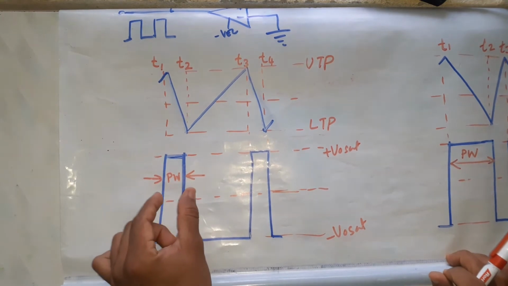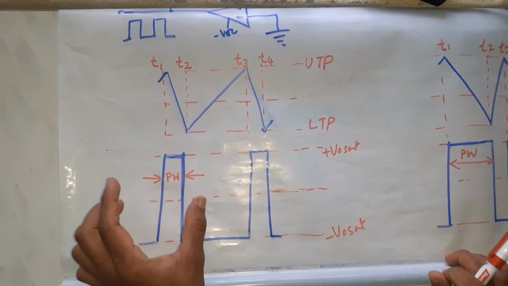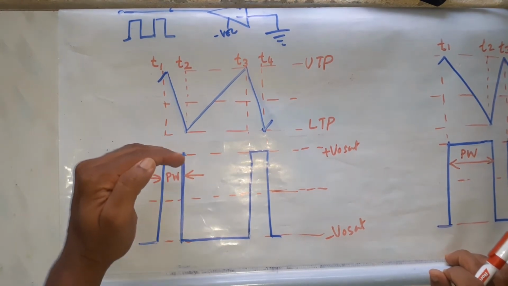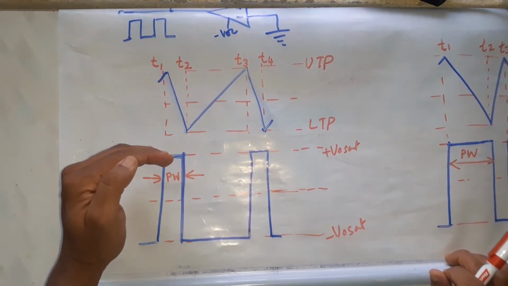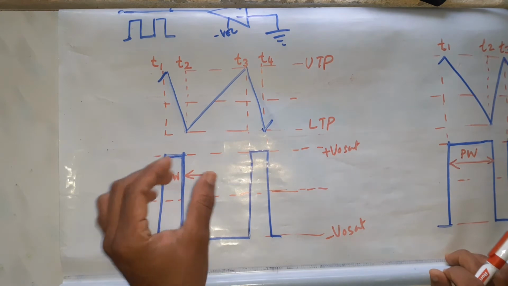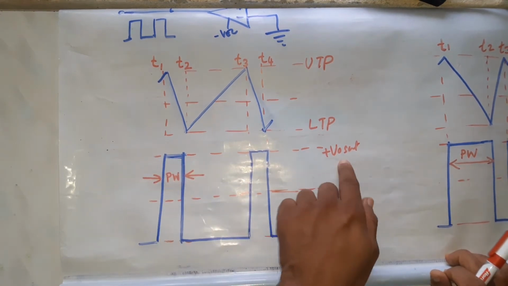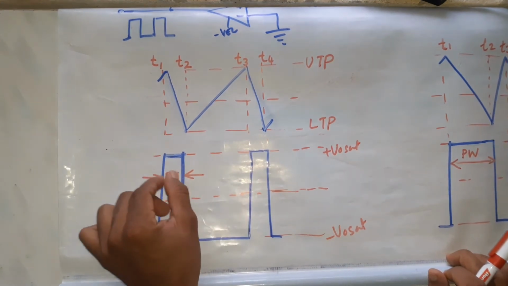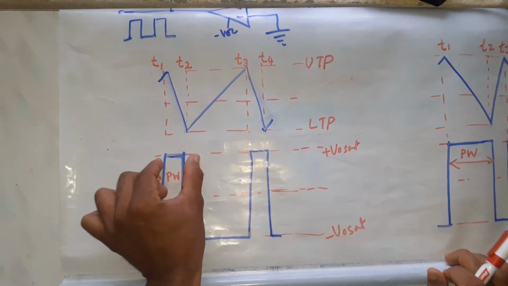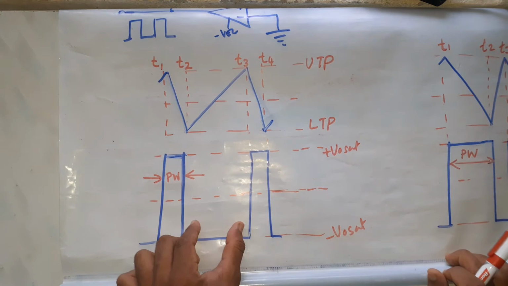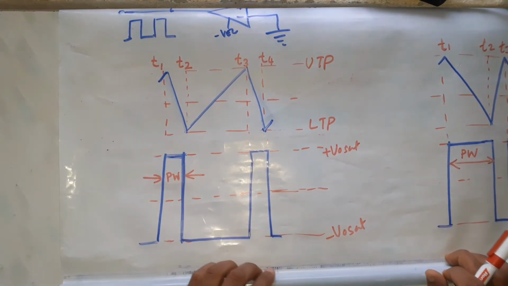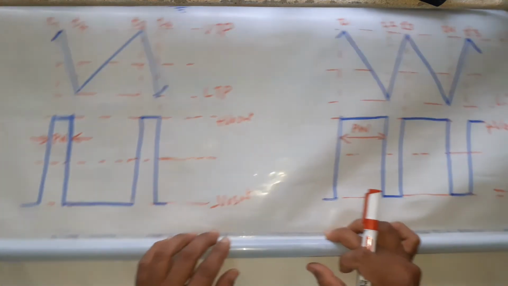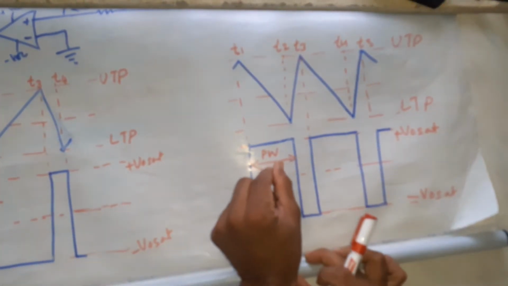Now see here, the duration of your pulse width means the duration for which your Schmitt trigger remains at positive saturation level. This is the on position, and this is the off position. See the pulse width here: it is narrow, whereas here the pulse width is wide.